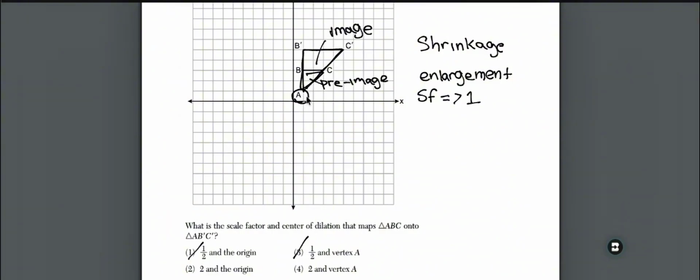If I were to dilate about the origin, all of my points would change by the scale factor. And I can see that A does not change at all. This tells me that my center of dilation is going to be at vertex A. So I know from that it's going to be answer choice number 4, which is my answer.